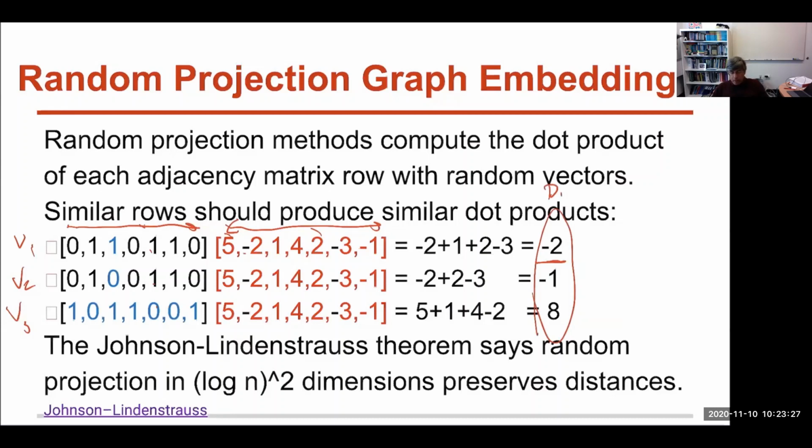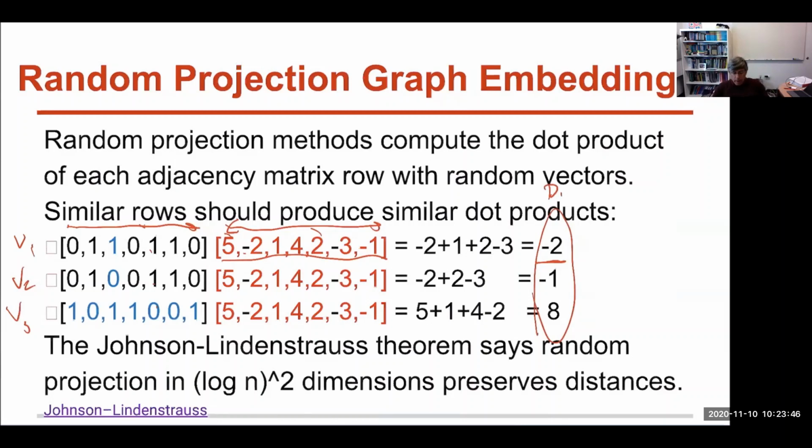If I take a particular random vector and I dot it with all the rows, I will get a dot product, which will be a number. And my claim is that I could view this dot product as a feature of each vertex.